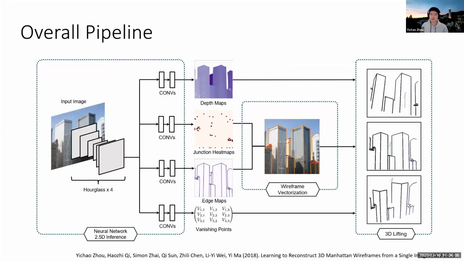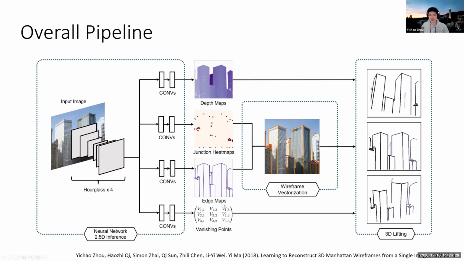Since this is initial work, we basically apply a two-stage algorithm. First, from a single image, we use a neural network to predict a series of intermediate representations of the 3D wireframe: depth maps, junction heat maps, edge maps, and the vanishing point.